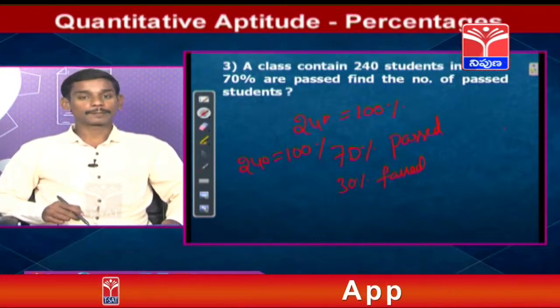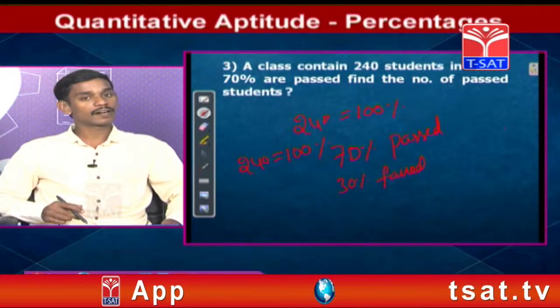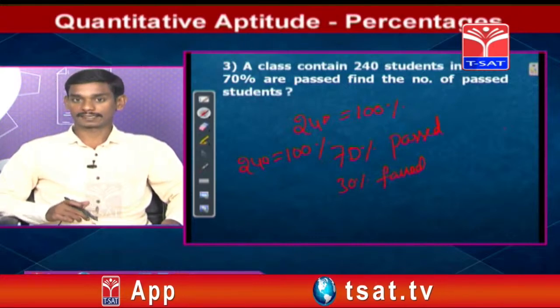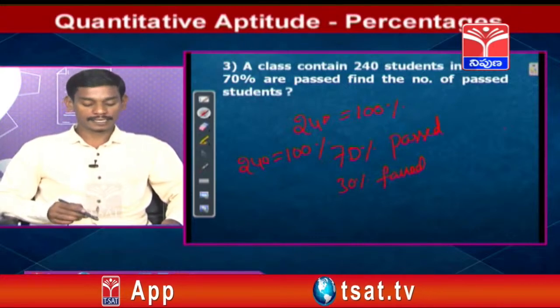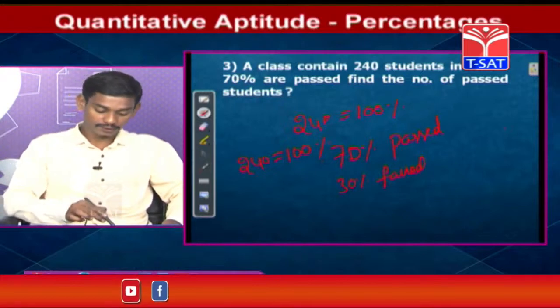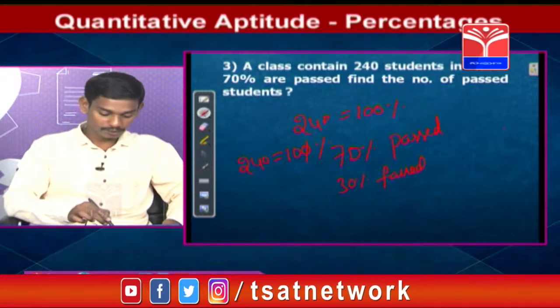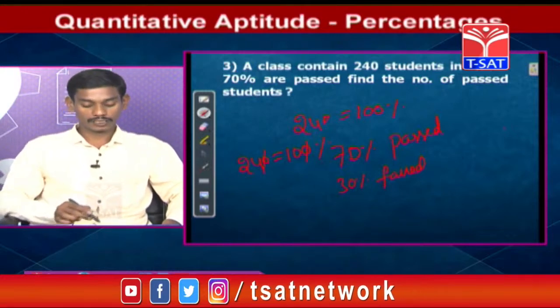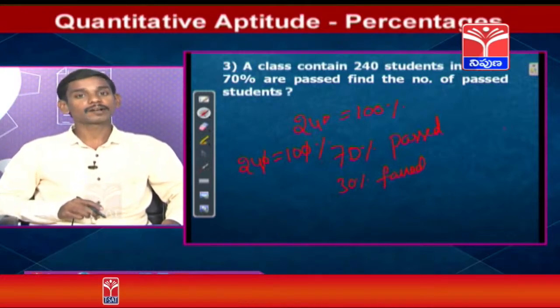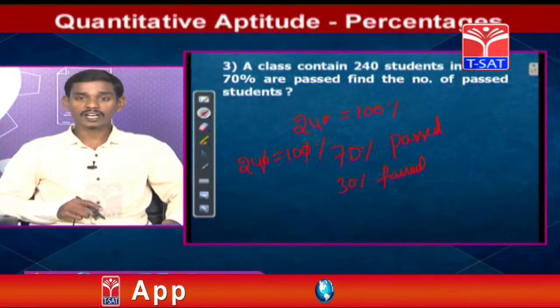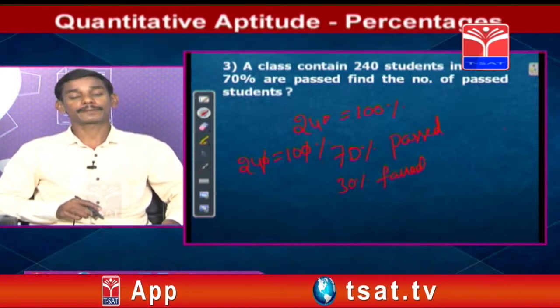240 is equal to 100%. Why? Because total number of students is always 100%. So I can easily use the magic trick. Just remove one 0 here, again 0 removed. So that means 10% is equal to 24. But we want the value of 70%.